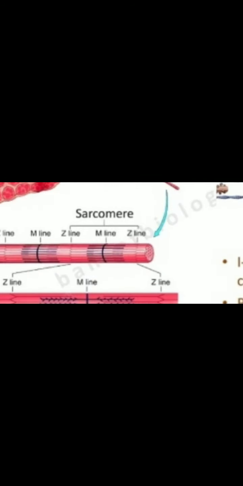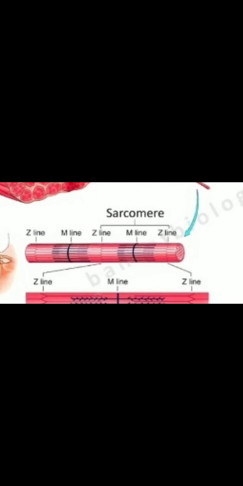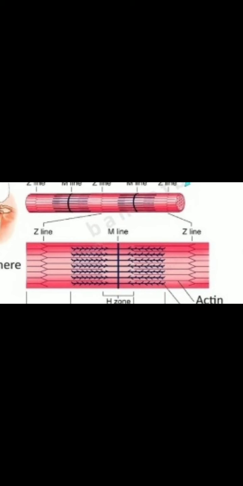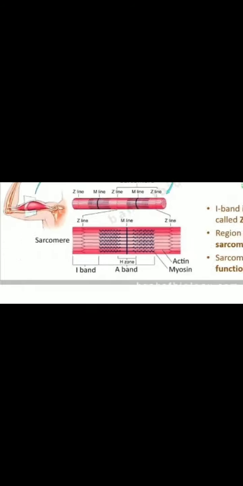You can check out this particular diagram, which was given already in the text, about the Z line and M line, and moreover where exactly the I band, H band, H zone and A band are. What actin is and what myosin is is also given. They are actually the filaments, the myofibrils which are present in the muscles.